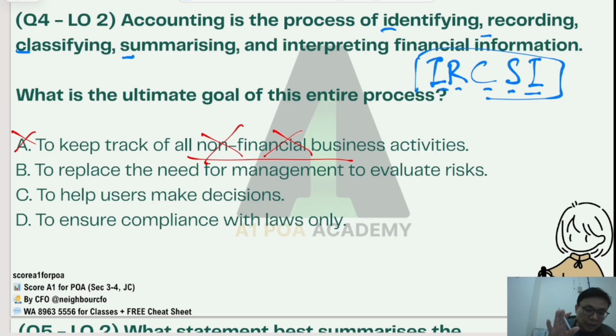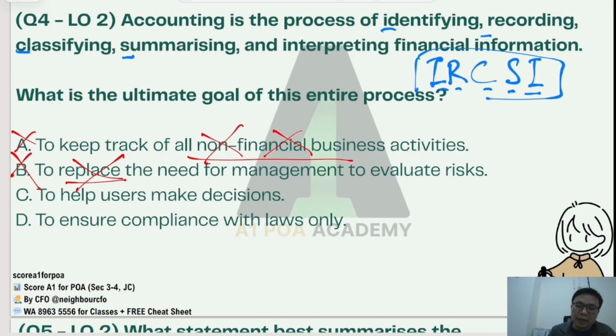Once again, this is definitely not the case. This is out of the boundary. The whole entire process, at any point of time, did not give any clear evidence that it is meant to replace the need for the management to evaluate any risk, right? So B is not the answer.